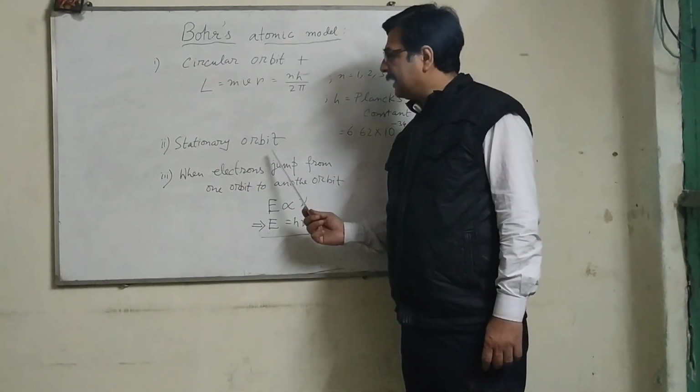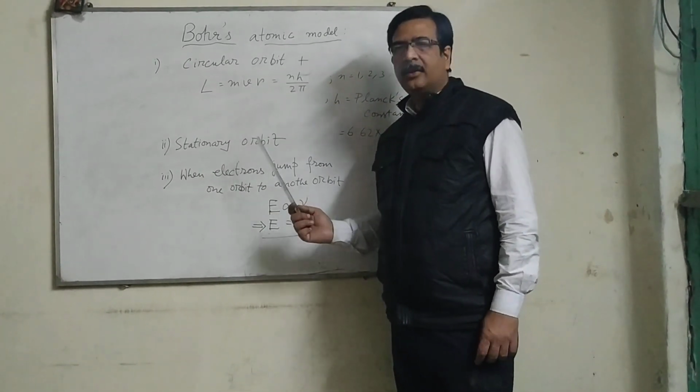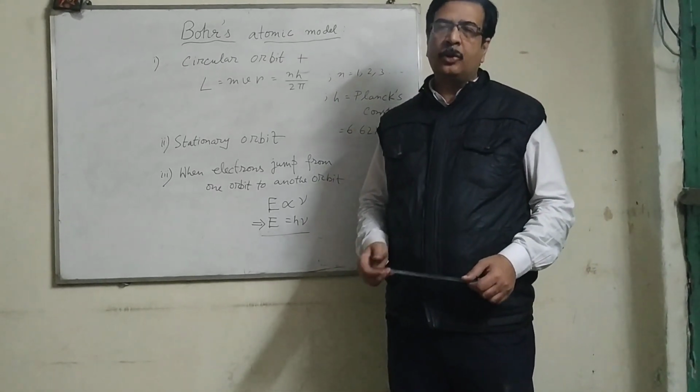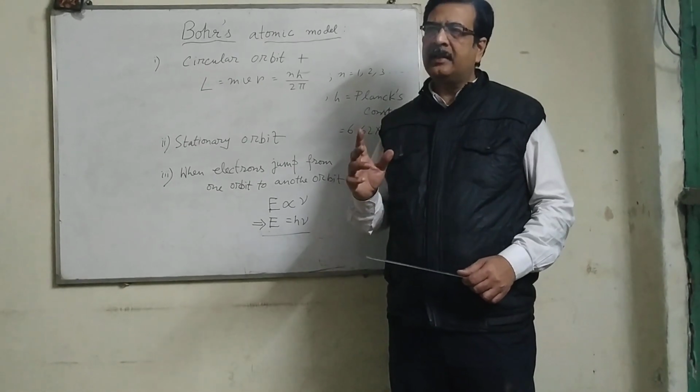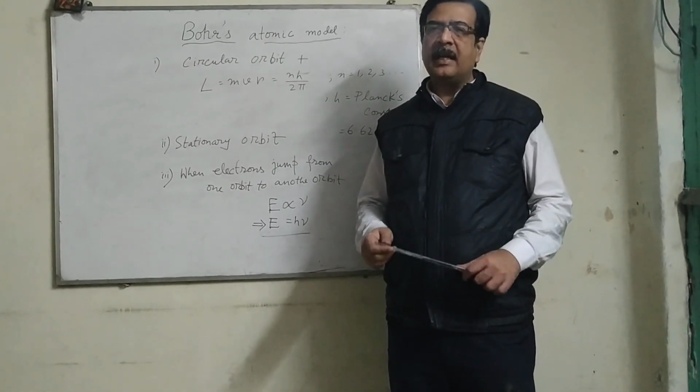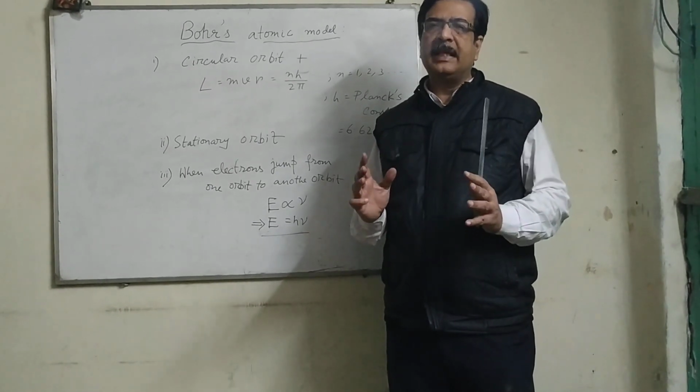His second assumption is stationary orbit or stationary energy level. He told that when the electrons are in a certain orbit, they have a certain amount of energy.